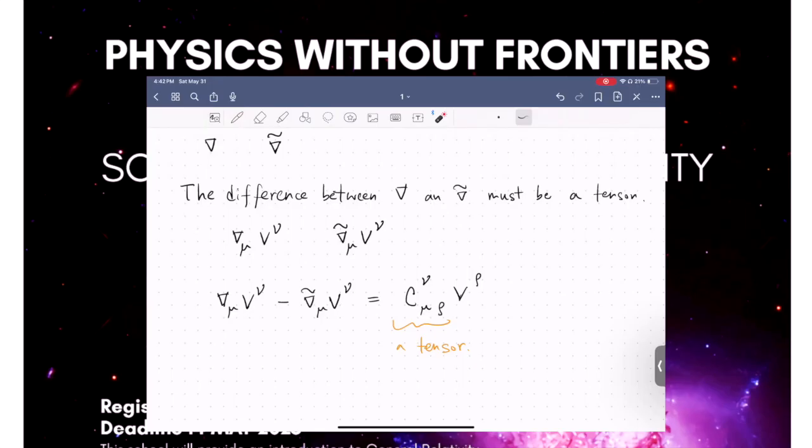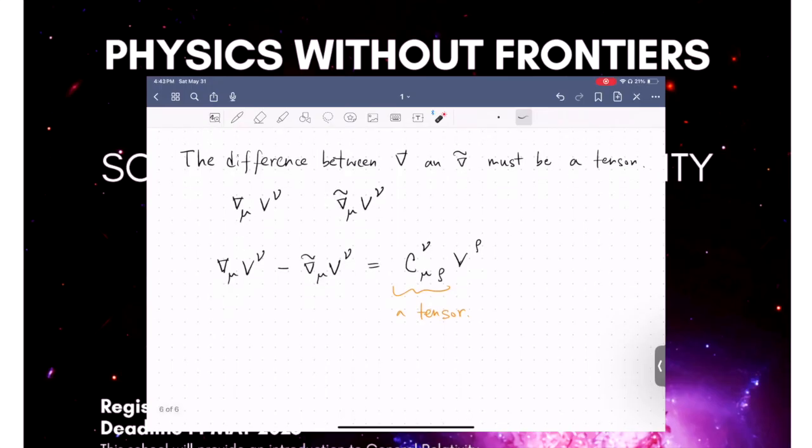Let's see, are there any questions about this? So let's think a bit about what this really means. Because you can say that, well, by definition, this has to transform like a tensor, this has to transform like a tensor, so their difference must transform like a tensor. And these expressions obviously depend on V, both of them.